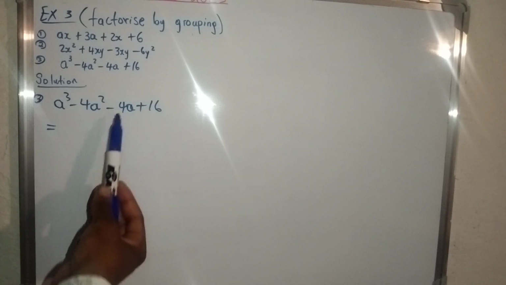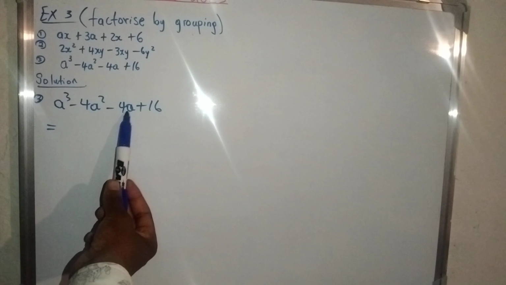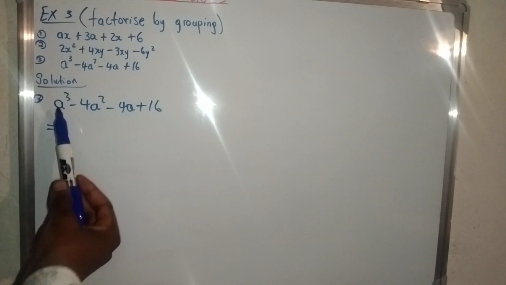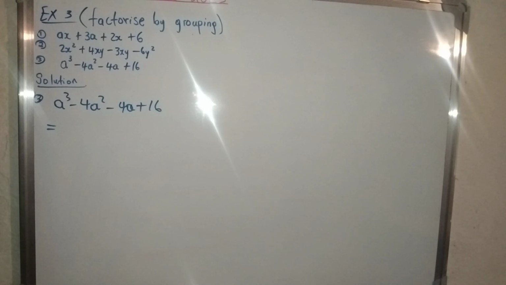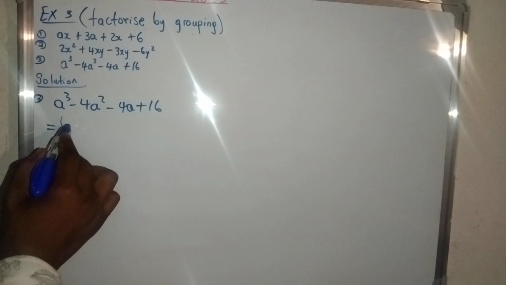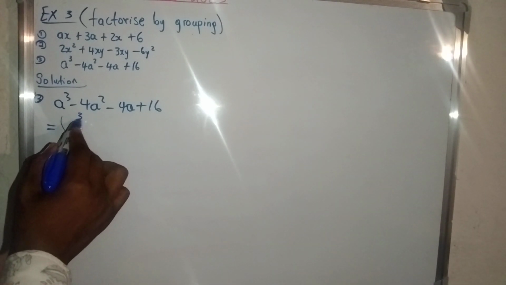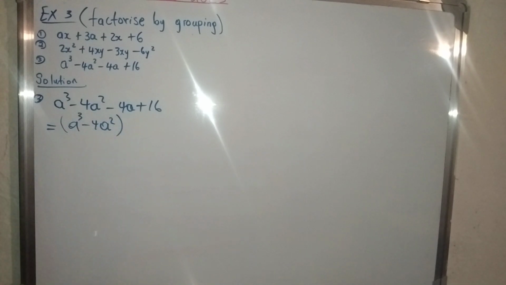And also if you want, you can also group 4a squared and 4a, these two together, and the first one and the last one together, either way. Okay, so now let's take these two together. So it's going to be a to the power 3 minus 4a squared, and you close brackets.